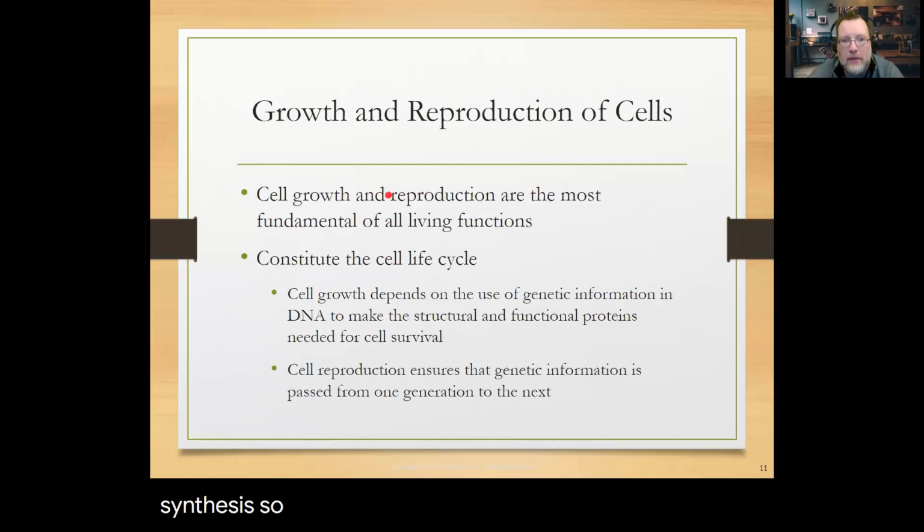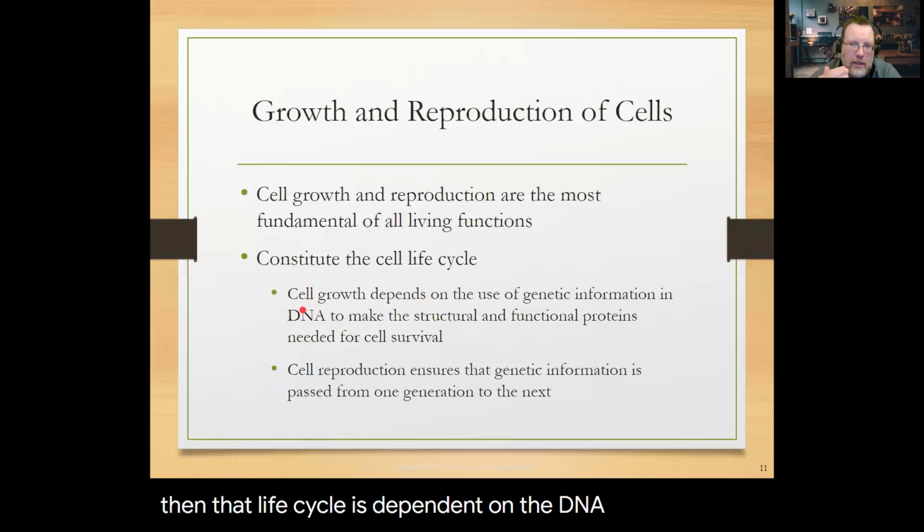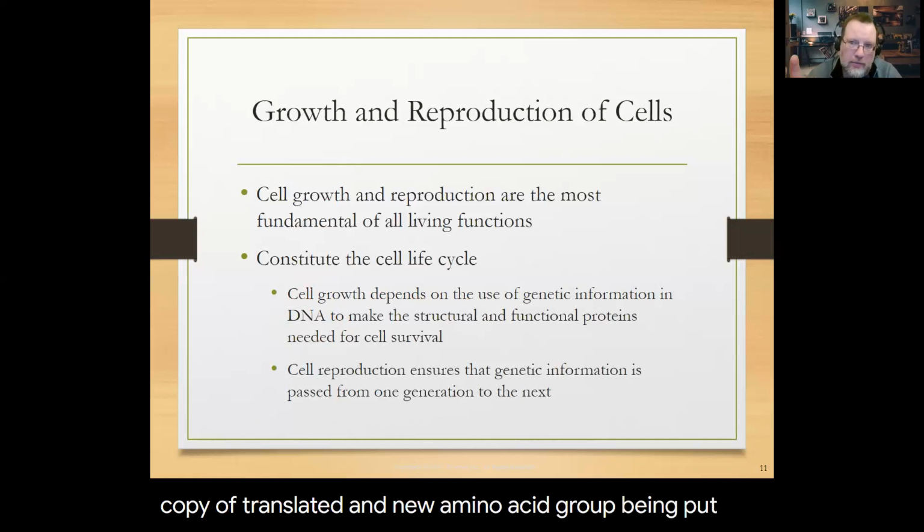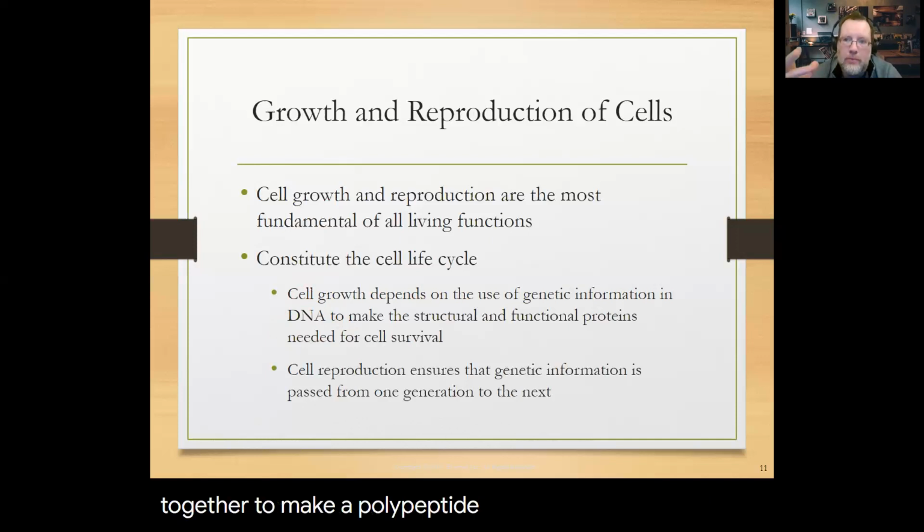So cells need to grow, they need to reproduce, and then that life cycle is dependent on the DNA making an exact photocopy from the nucleus and seeing that photocopy translated and a new amino acid group being put together to make a polypeptide, being put together to make a protein, whether it's an enzyme or a structure.